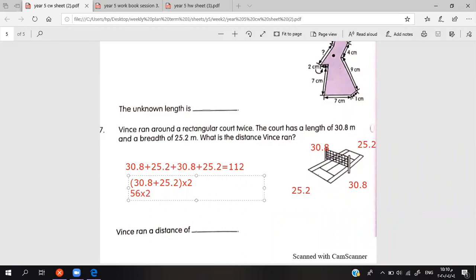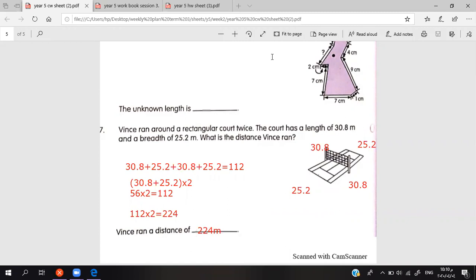It's going to give you 112. This is the perimeter of the court once. Don't forget that he ran twice. So 112 times 2 gives me 224. So the distance Vince ran is 224 meters.